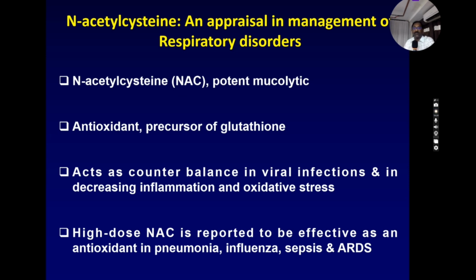It's a potent mucolytic, an antioxidant, and a precursor of glutathione, acts as a counterbalance in viral infections and in decreasing inflammation and oxidative stress. High dose NAC is reported to be effective as an antioxidant in pneumonia, influenza, sepsis, and ARDS. So that's how NAC will help our population.